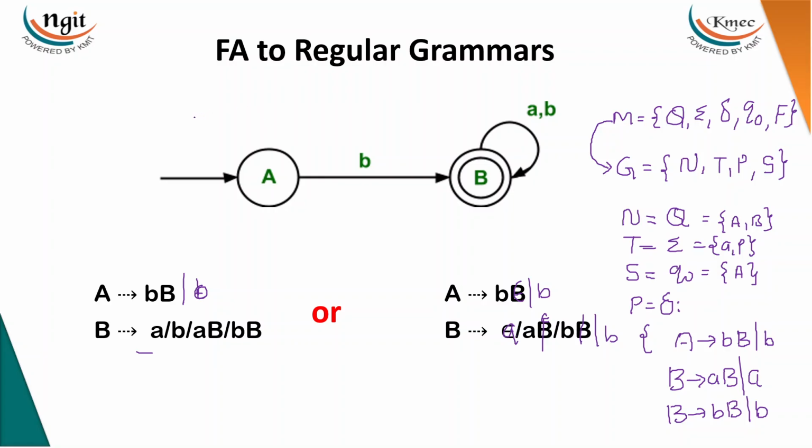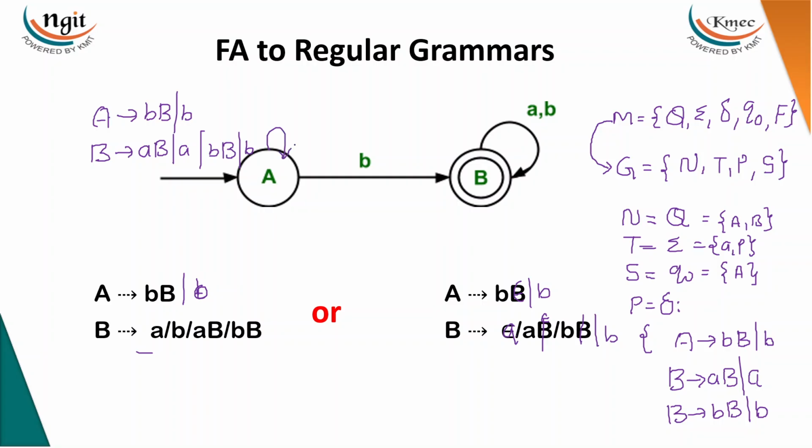Let me explain once again quickly. After identifying it, how to write the productions. From A, the outgoing edge on a goes to B. As B is a final state, you take the a alone. Otherwise, you stop with that only. And from B, if I read a, we are going to B. As B is a final state, you take a alone. And if I read b, again I'm going back to B, then as B is a final state, you take it.